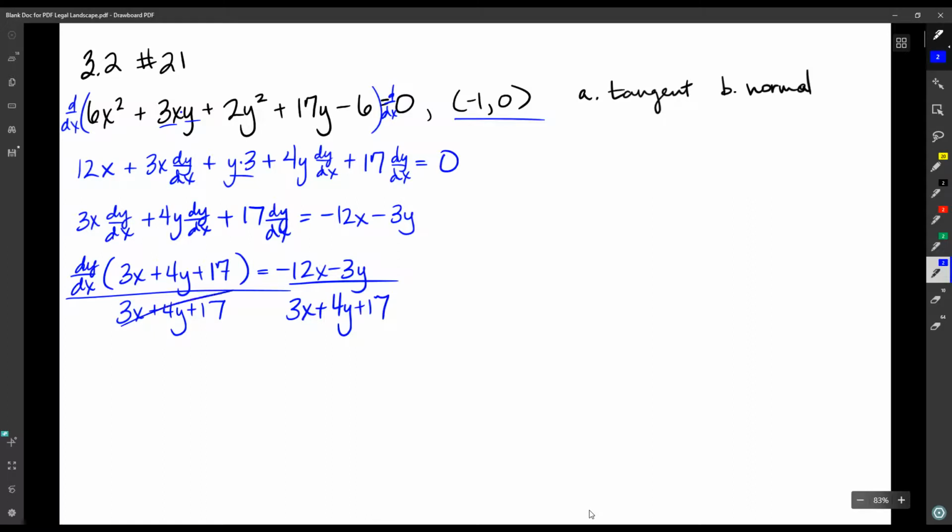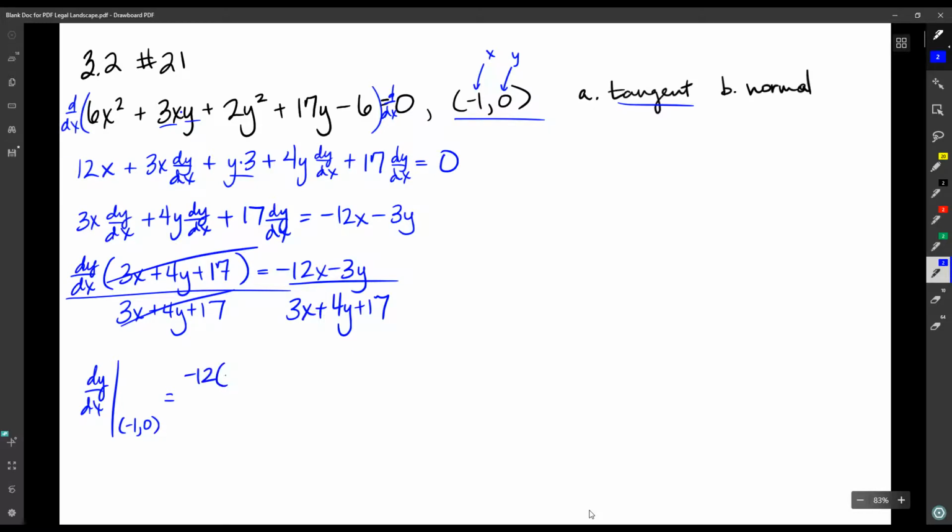Now, with dy/dx, we need to find the slope first of the tangent line, where x is -1 and y is 0. So we're going to take dy/dx and evaluate it at (-1, 0). So let's plug in the -1.